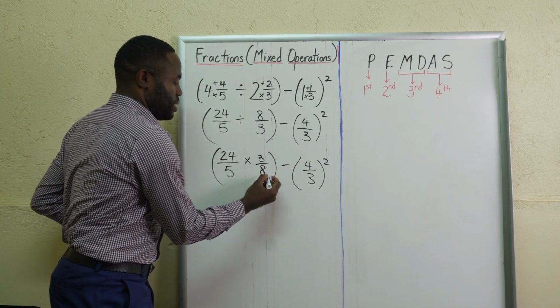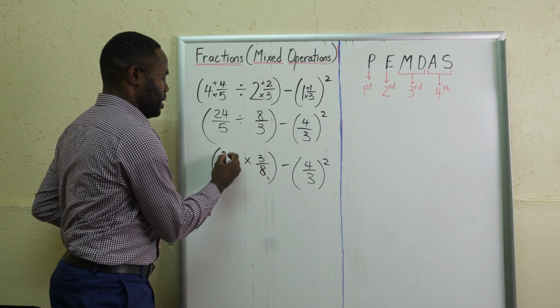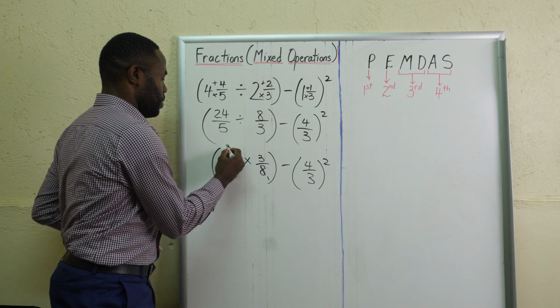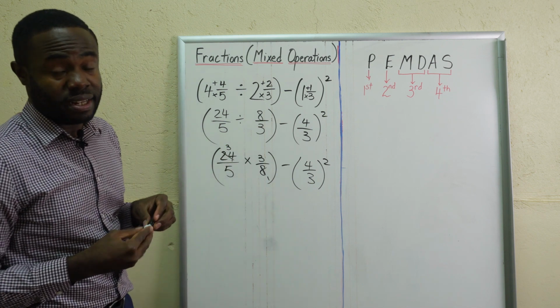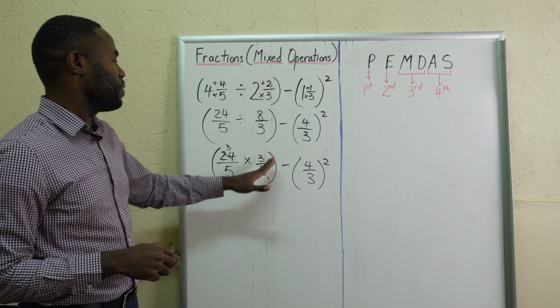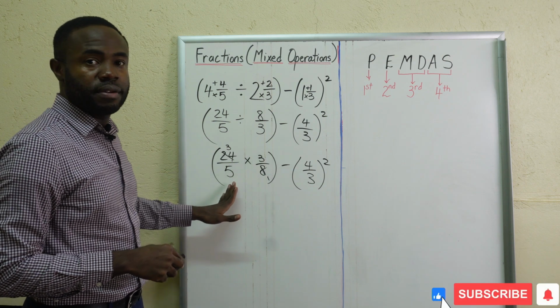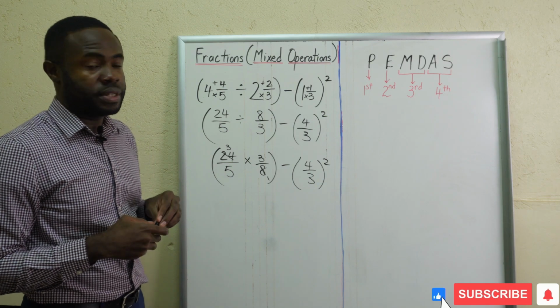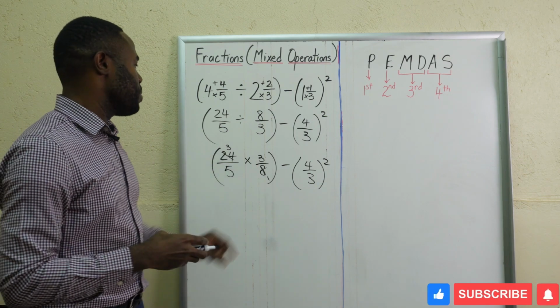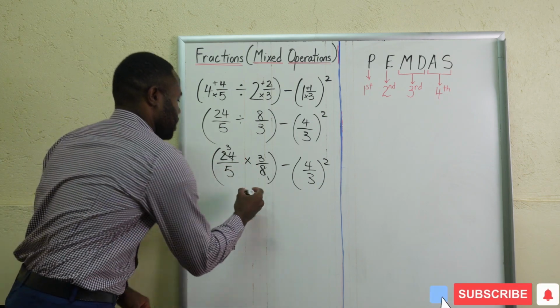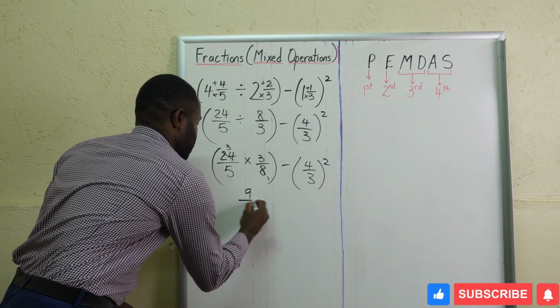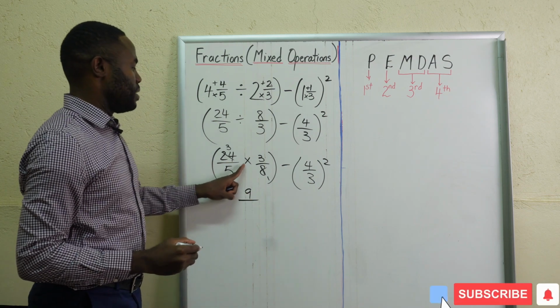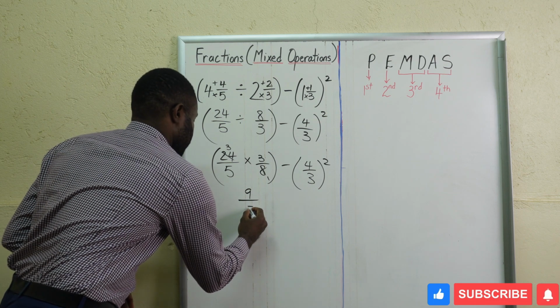So 8 into itself goes 1, and then 8 into 24 goes 3. Is there anything else? Also check the next diagonal, which will be 3 and 5. As you can see, there is no number there that can reduce them. So we just multiply the numerators, which would be 3 times 3, 9. And then we multiply 5 times 1, which is 5.